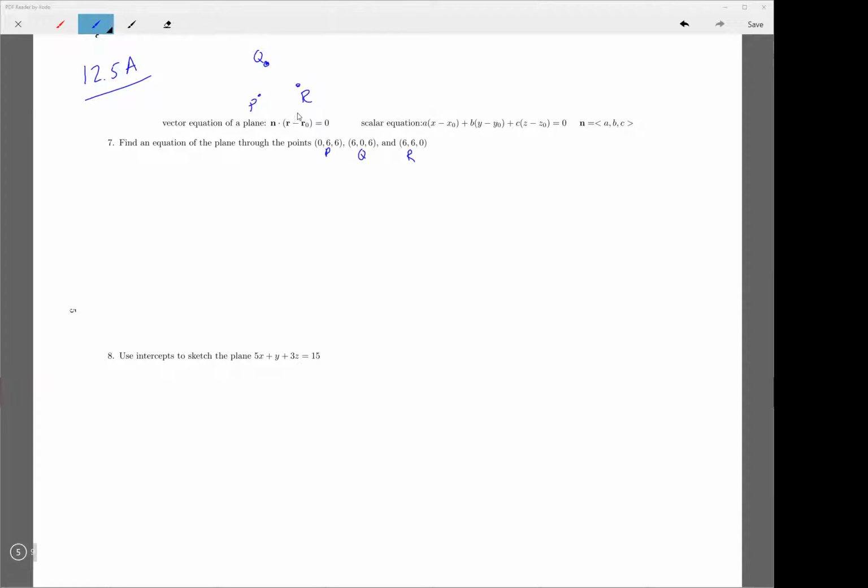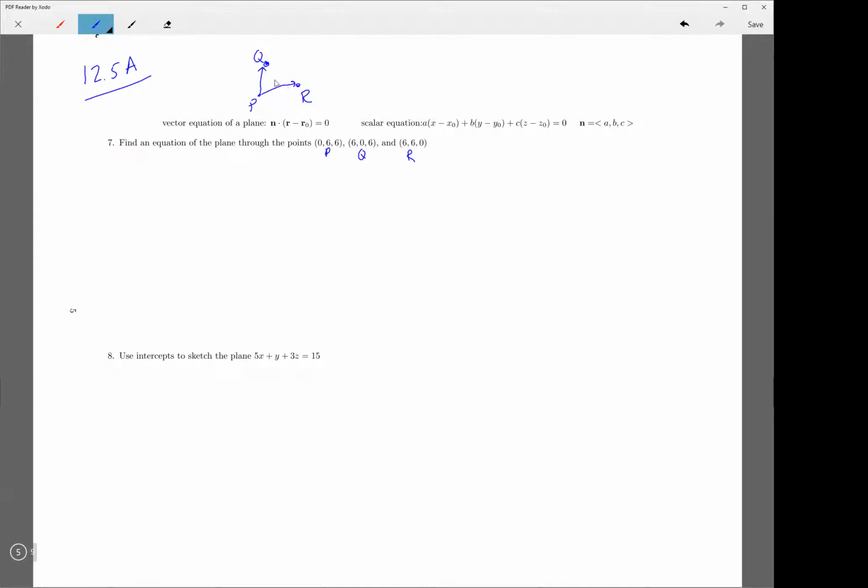Okay, so anyways, the idea is that you have these 3 points right here. And if you form these 2 vectors, and then you take the cross product of those 2 vectors, you'll get a vector that's normal to these 2 vectors.